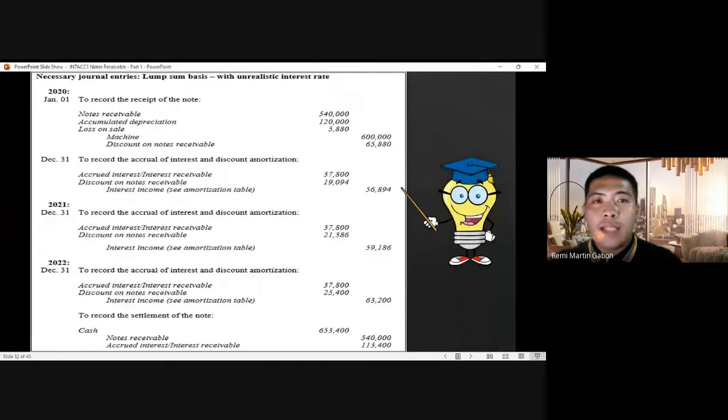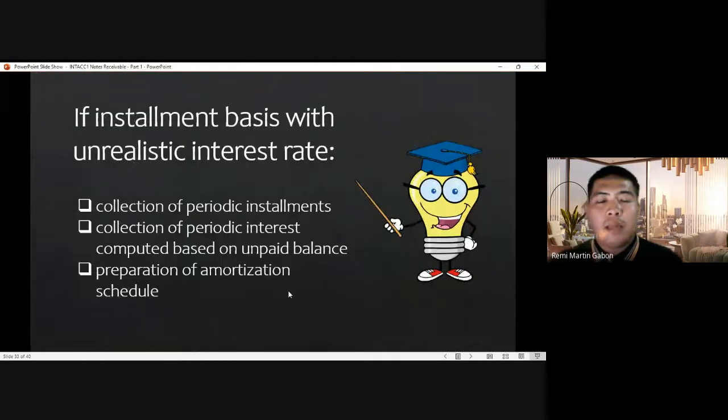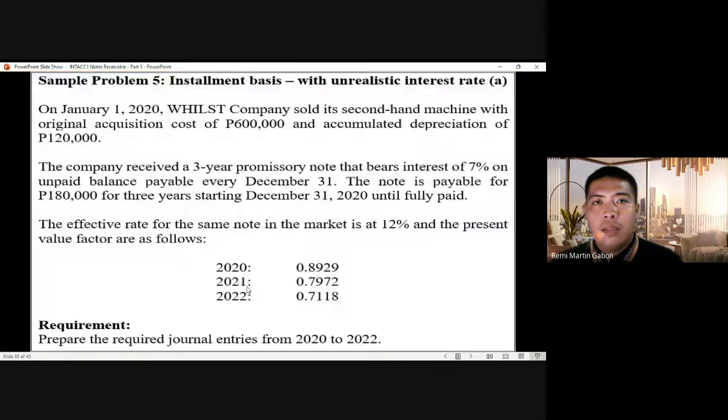This time we are on the installment basis. For installment basis, in addition to the collection of periodic interest and installments, we again have preparation of an amortization schedule. For unrealistic interest rate, first we have equal payments.